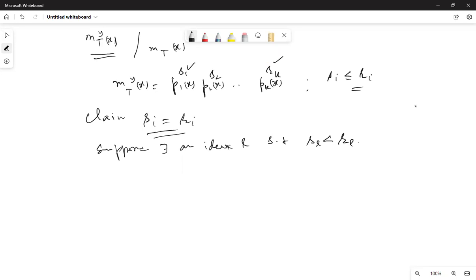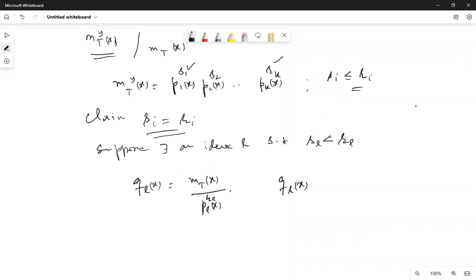I defined earlier qL(x), which was m_T(x) divided by pL(x) raised to the power rL. I just defined that qL(x).